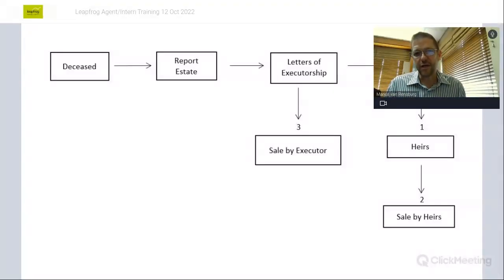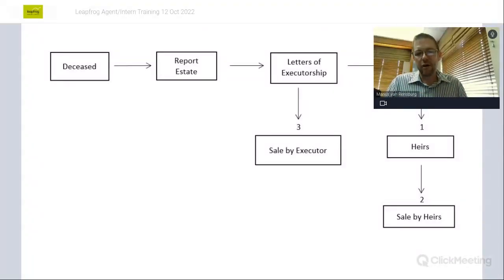Normally, a family member or somebody the family knows will, as part of the reporting documents, apply and ask the master to be appointed as the executor in the estate. That's relatively easy to overcome. It's obviously easier if there's a will and we're appointing the executor in the will. That's the easiest way to go.